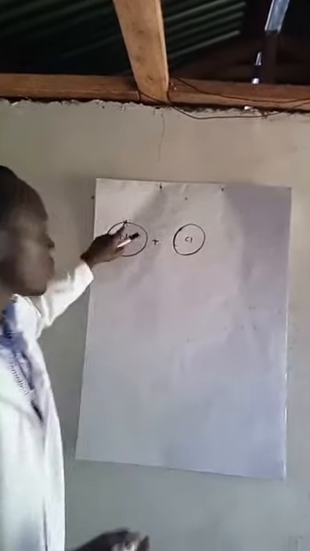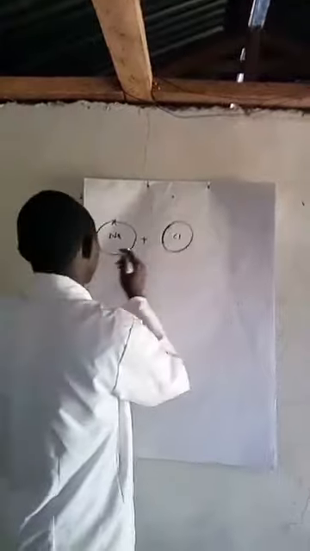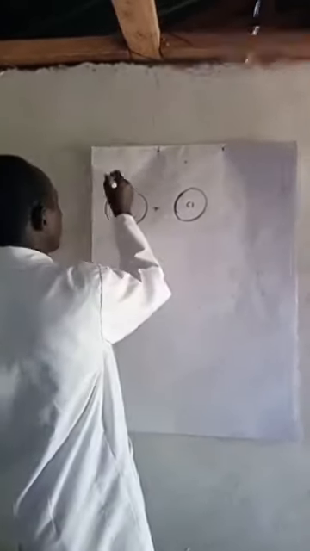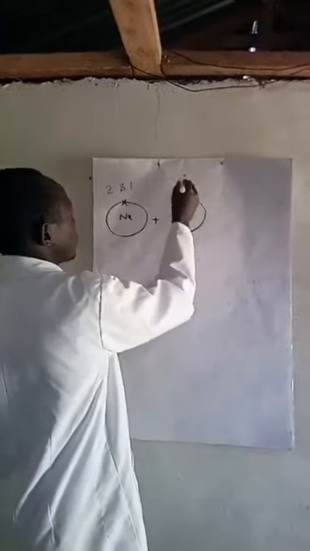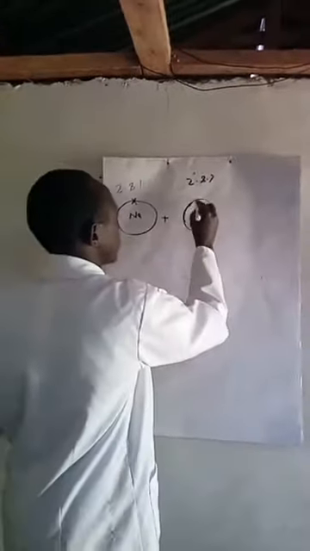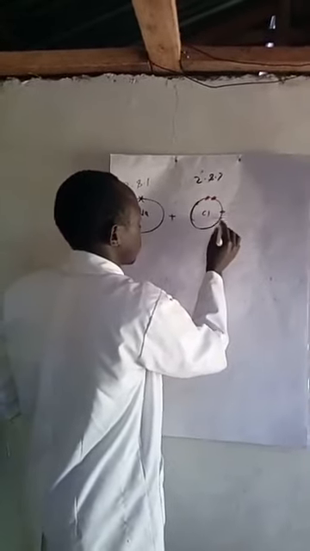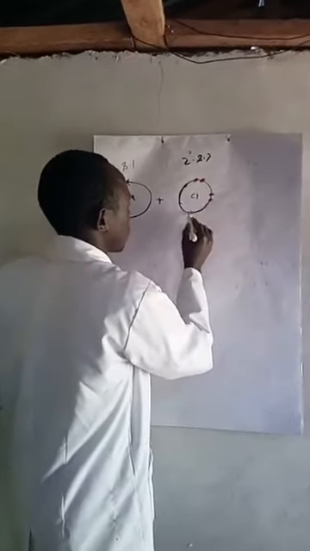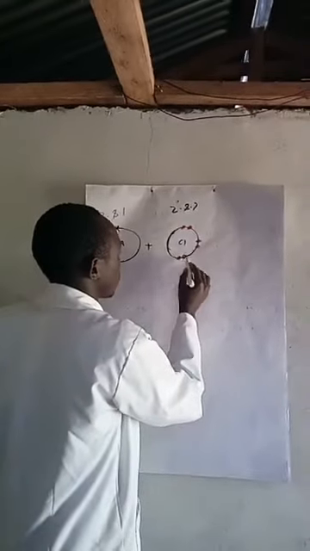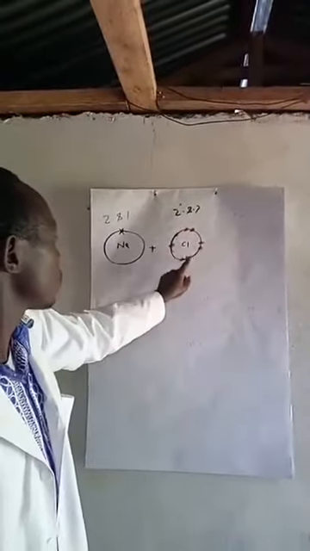When I use dots and crosses for sodium, I use dots for chlorine. Because this is 2,8,1 and this is 2,8,7, chlorine will have 7 electrons: 1, 2, 3, 4, 5, 6, 7.